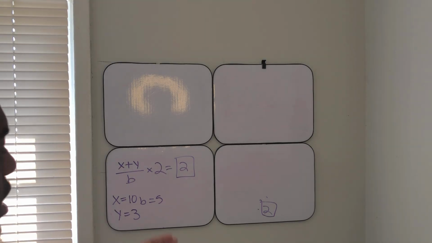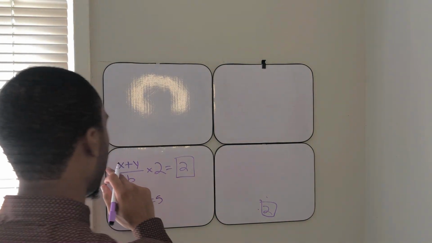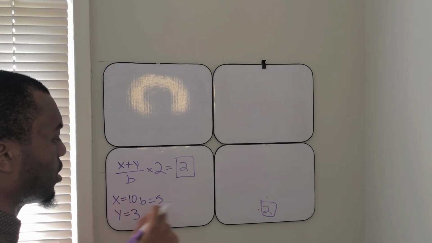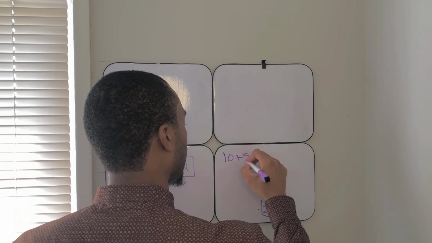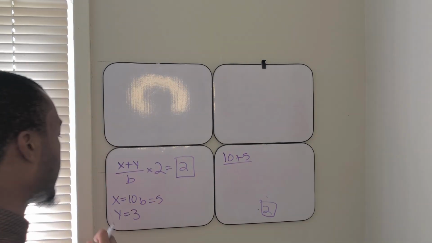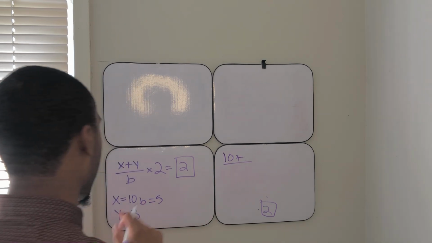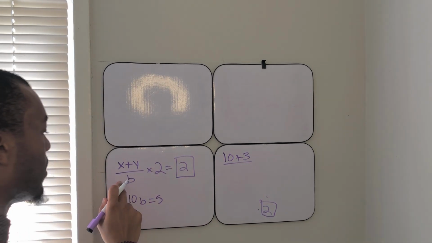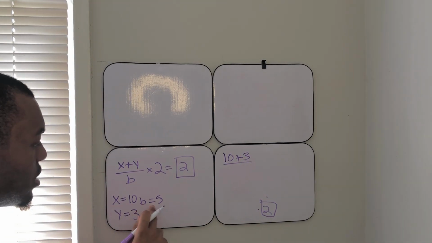So we're going to do the same thing. We're just going to plug in the numbers and then do some arithmetic. X plus y, so 10, because 10 is x, plus y. Y is 3. 10 plus 3, and b is on the bottom, so divided by 5, because b is equal to 5.